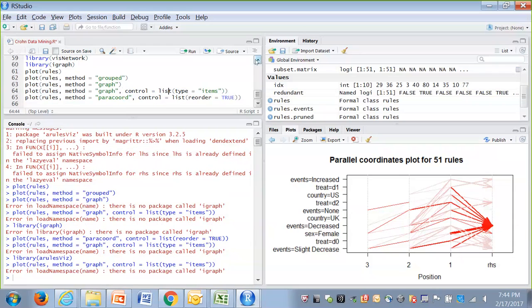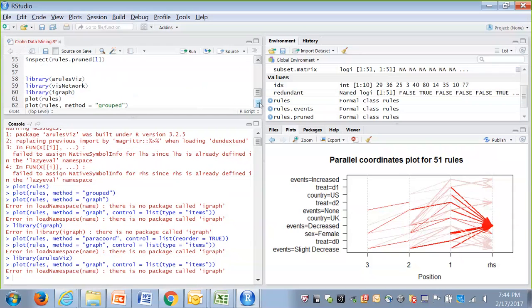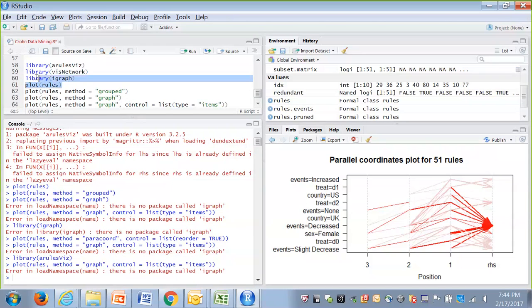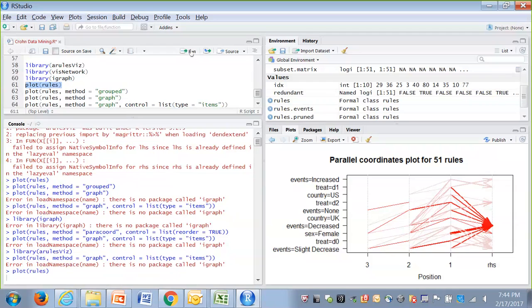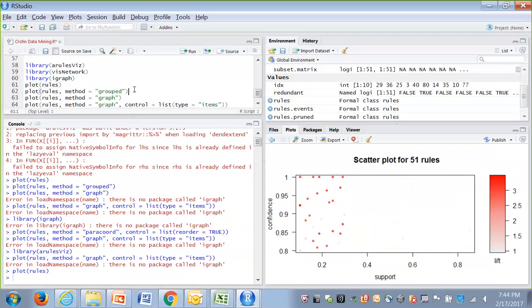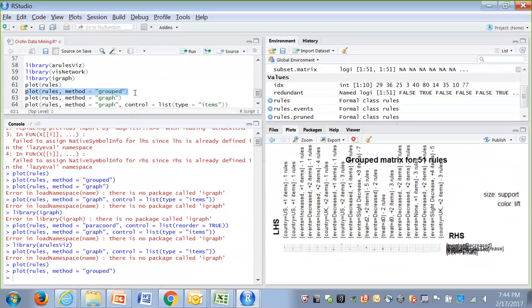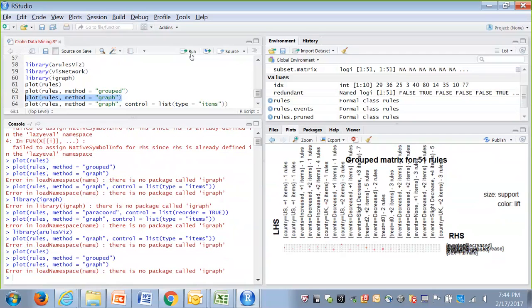All right, I have to look why. I want to show a plot. Let me pull this in first.